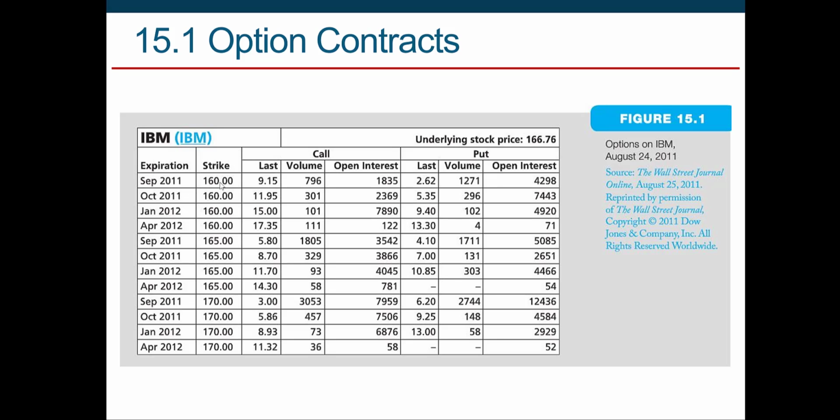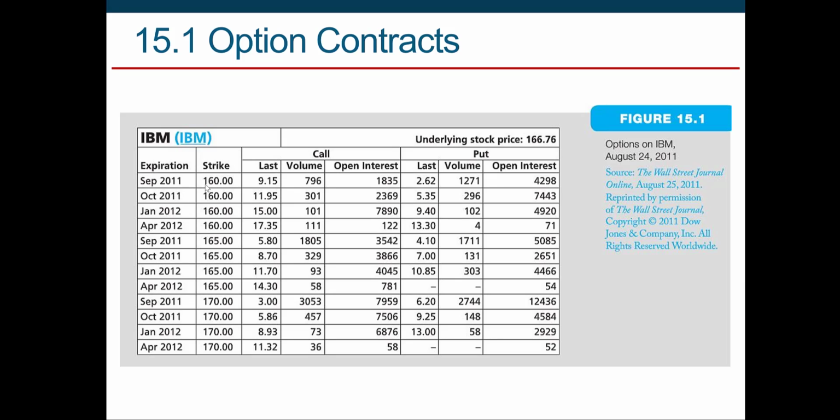As you can see, for the same expiration date, as the exercise price is increasing, what is happening to the price of the call option? Here it is $9.15, but when the strike price or exercise price is 165, the call option price is 5.80, so it is lower. When it is 170, the call option price is even lower, right? So higher the exercise price, other things being equal, the lower is the price of the call option. There is an inverse relationship there.